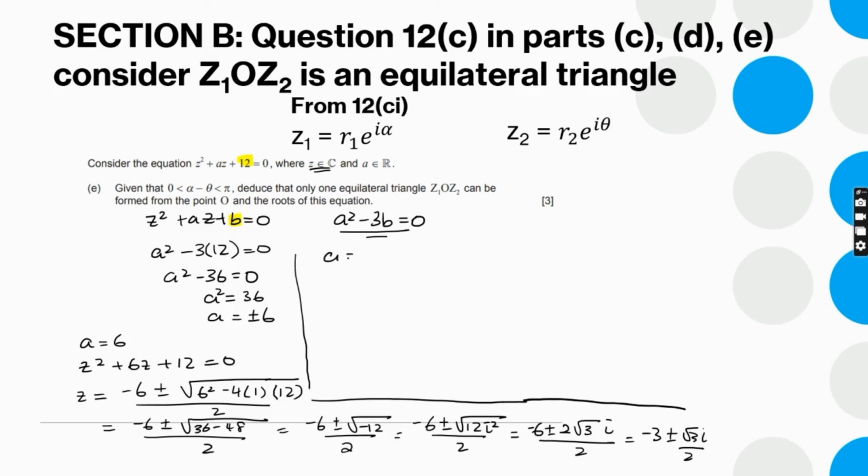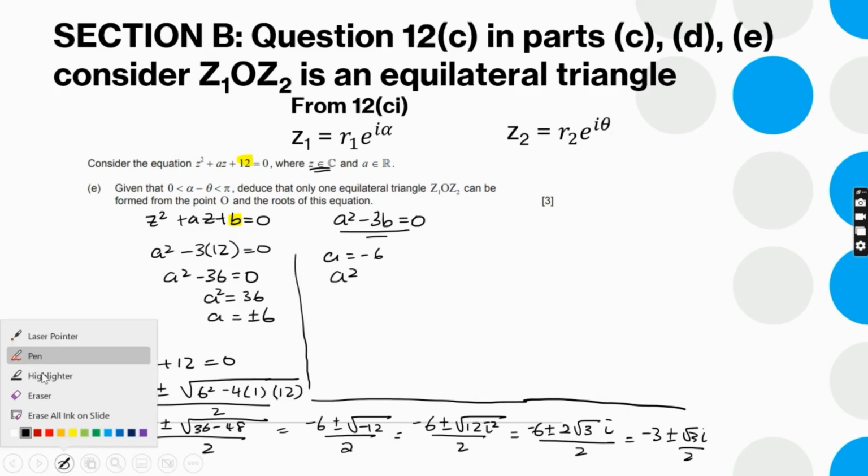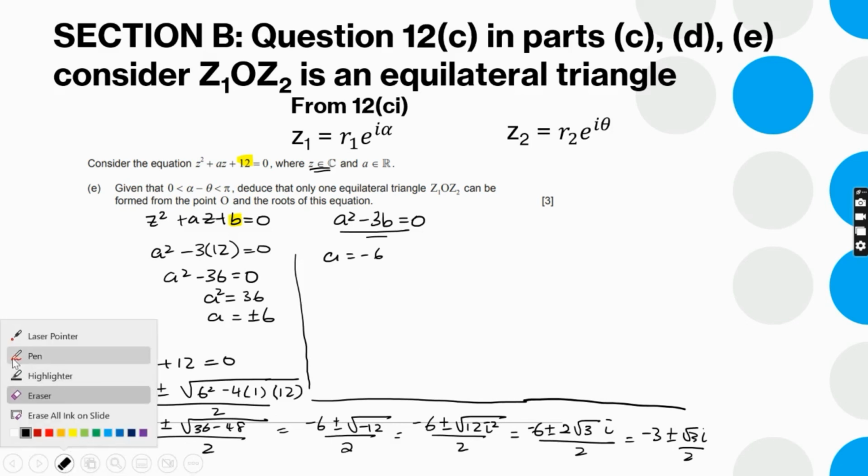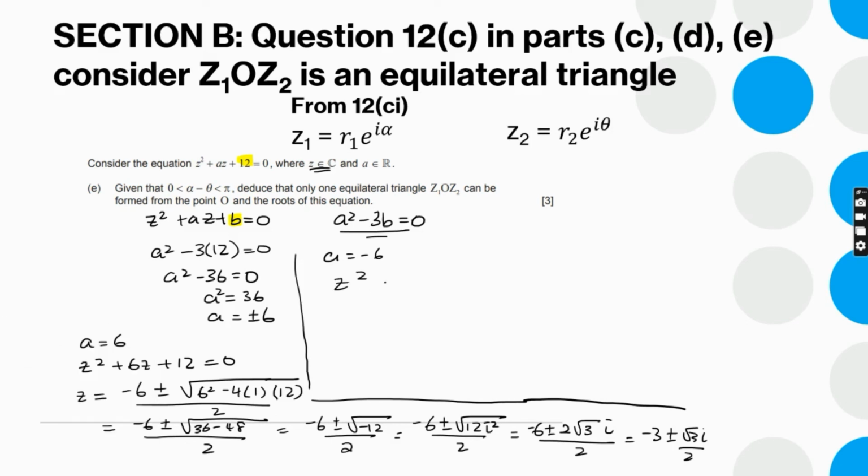I'm running out of space, so I'm going to block this out. Now I assume a equals minus 6, so that gives z squared minus 6z plus 12 equals 0. So z equals positive 6 plus or minus the square root of minus 6 squared minus 4 times 1 times 12, over 2.